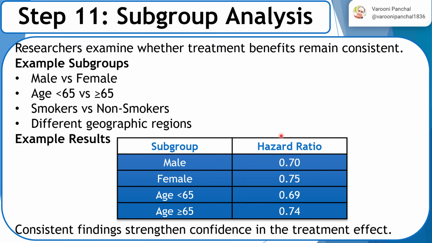You can also include the primary efficacy value, or any lab specific value, to see whether the benefit of treatment is there between that specific lab value or efficacy value. So subgroup analysis is very important. It breaks down further and shows you the hazard ratios for the two different categories in the subgroup.